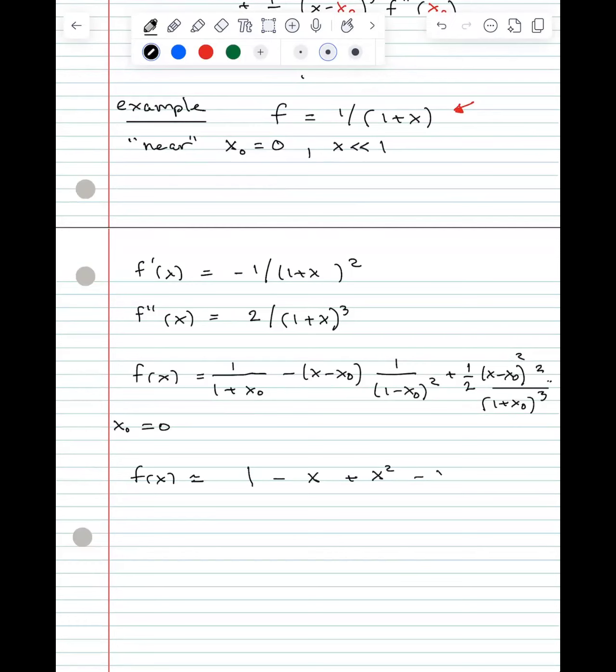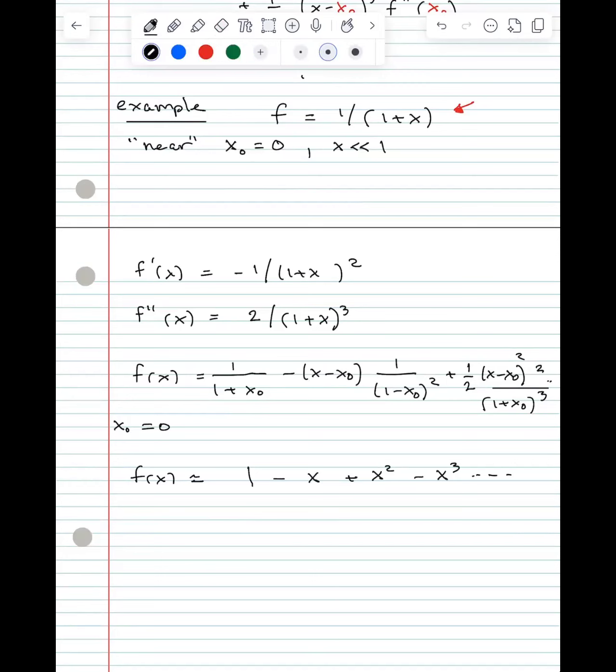And then the next term would be x cubed. And in fact, we have the geometric series here, which you may remember is equal to 1 over 1 plus x. But really here, I'm interested in this result.